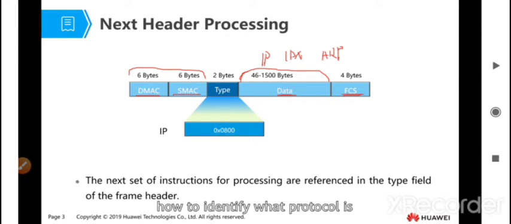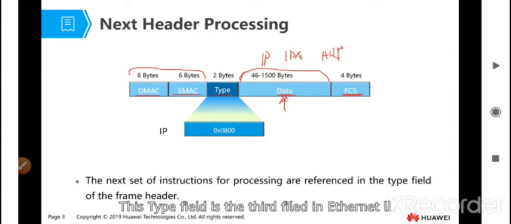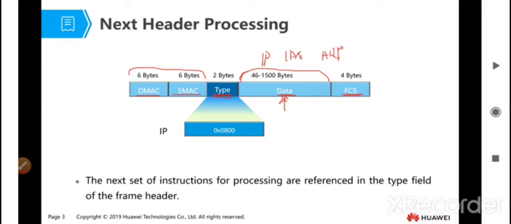Then how do we identify which protocol is contained in layer 3? We use the type field. This type field is Ethernet II's third field. If the value is 0800, it points out that this is an IP packet.